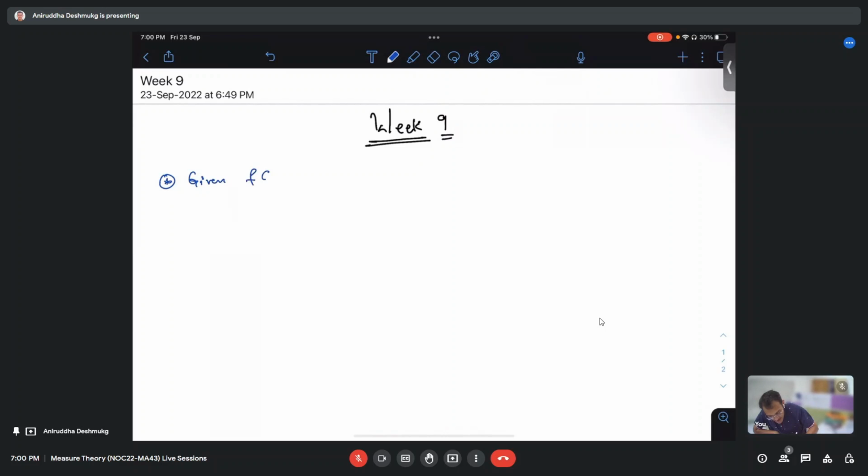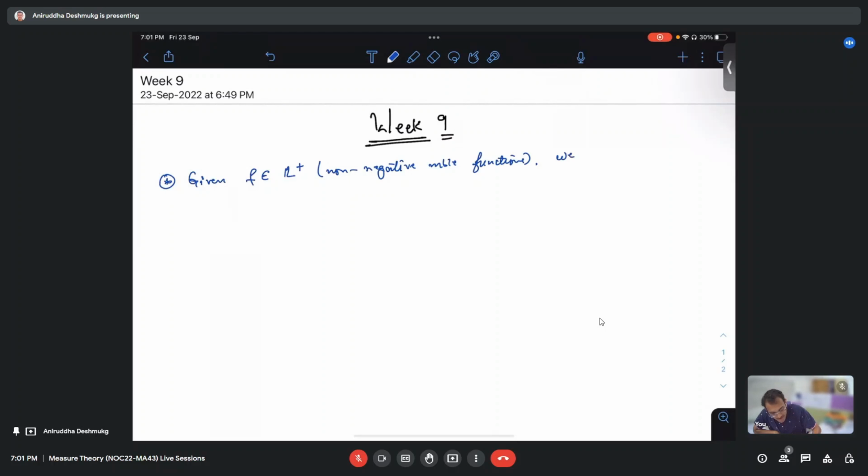Given a non-negative measurable function f in L plus, which is the set of all non-negative measurable functions, we want to approximate it using simple functions.